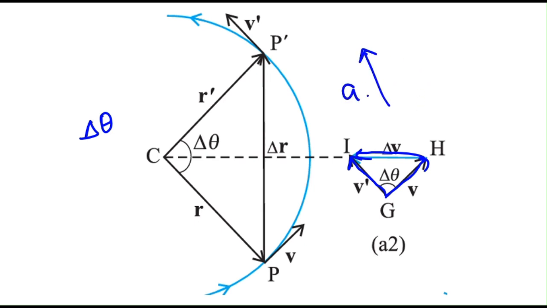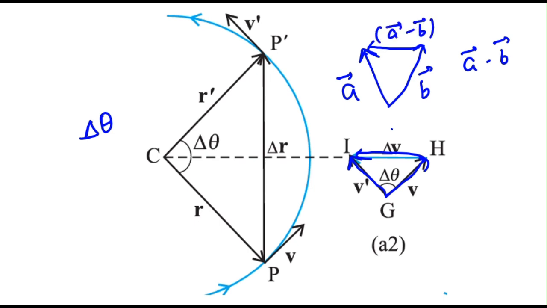This is one vector, this is another vector. Let's say this is vector B, this is vector A. So you can say vector A minus vector B, that is the difference of these two vectors, will be represented by this vector. This is vector A minus vector B. This is what is drawn here.